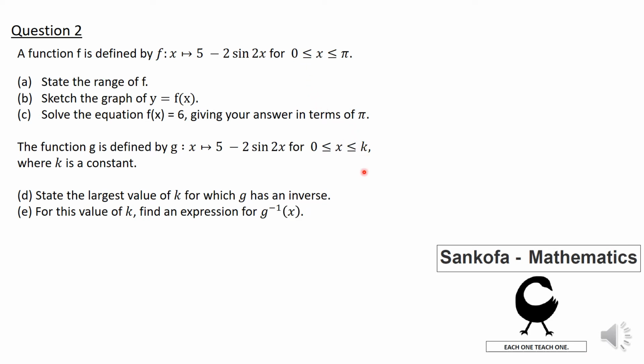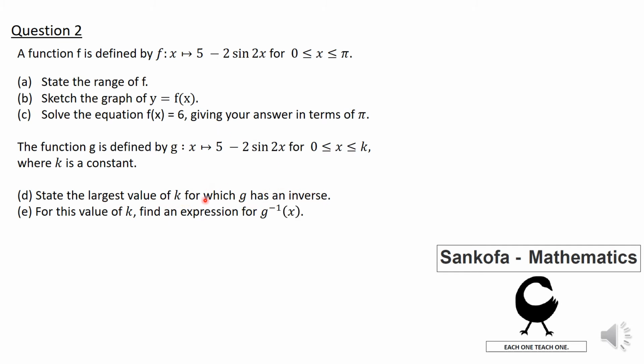And there's another part to the question where they are giving you the function g defined by g such that x is mapped onto 5 minus 2 sine 2x for x between 0 and k, where k is a constant. So you're supposed to find the largest value of k for which g has an inverse.